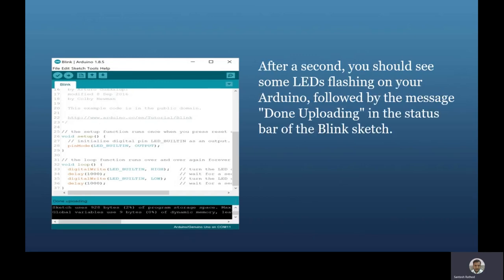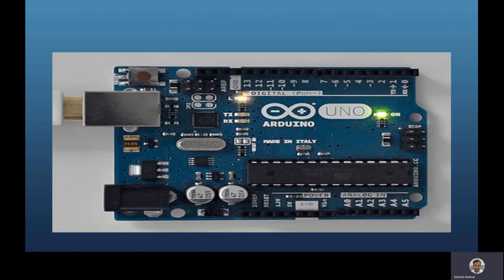After a second, you should see some LED flashing on your Arduino, followed by the message done uploading. After the compilation is done successfully, you can see in the black window at the bottom that it says done uploading, and in the status bar of the Blink sketch. You can see the LED blinking here on your Arduino board.